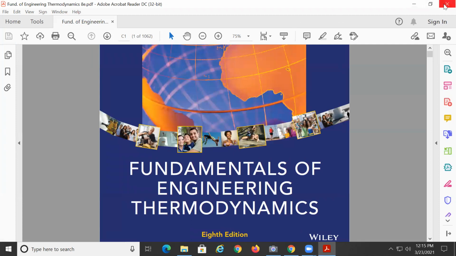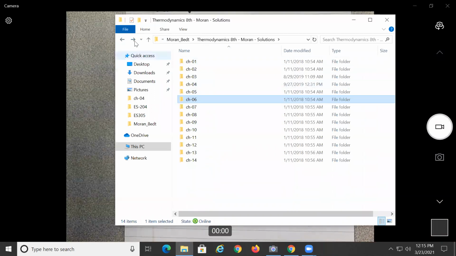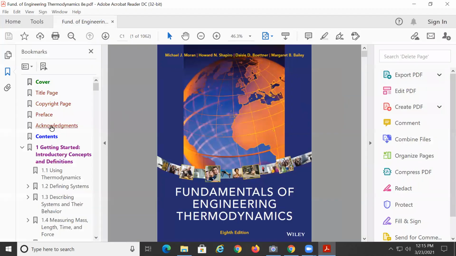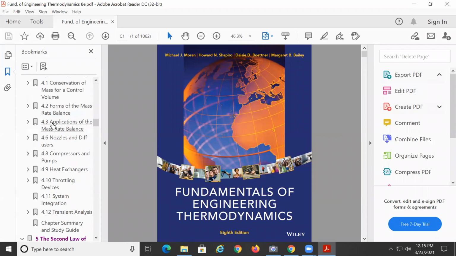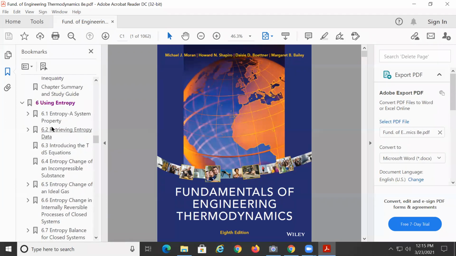All right, let me just reopen the book. Hopefully it opens properly. Okay, so this was control volume analysis, second law of thermodynamics, using entropy.